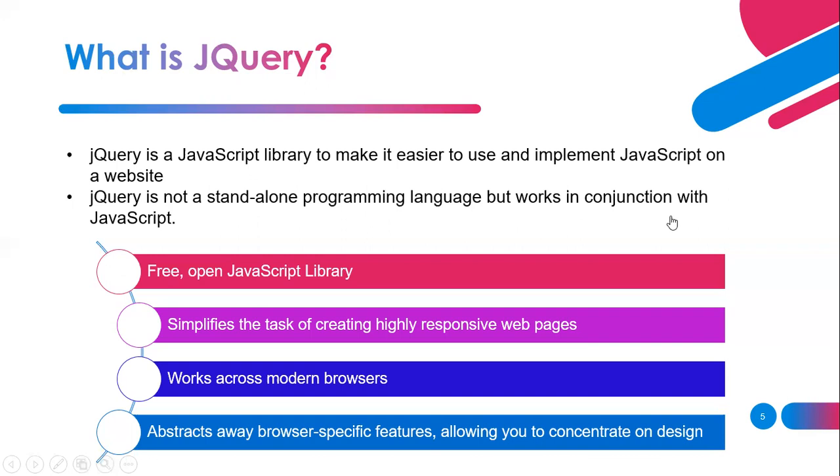We don't need to give specific code for a specific browser. I think all of you know about this because you were born many years after me, but some years before, it was important to add browser-specific features in our code.